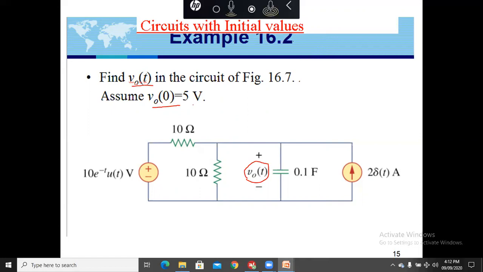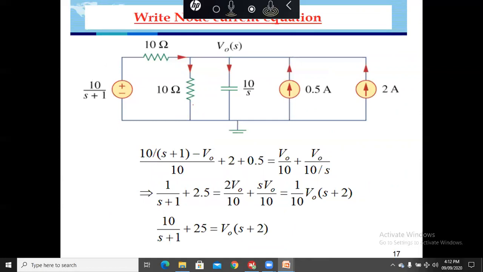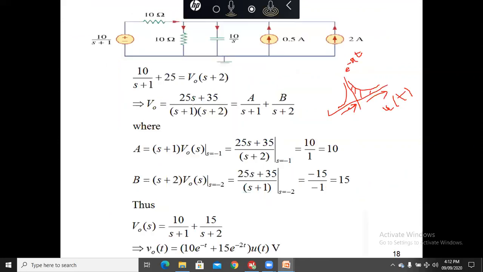In all other techniques, we cannot solve this problem. We can solve it only by differential equation or by Laplace transform. Otherwise, it is difficult to solve this circuit. So we have used the Laplace transform method to eliminate the differential equation problem. This is all about today's lecture, and later we have a discussion about the lecture.